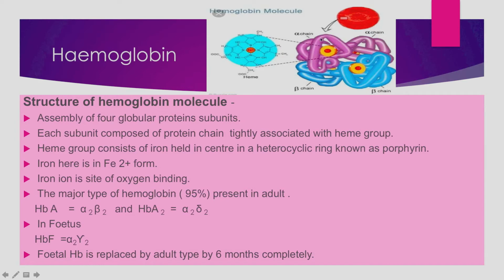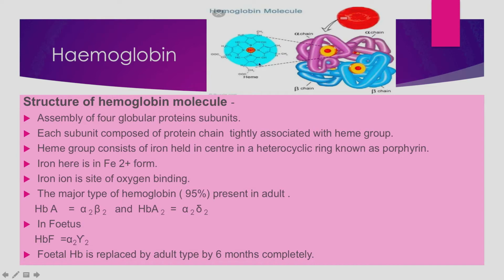So this alpha heme protein consists of porphyrin and the globin proteins and the iron in the center, right, along with porphyrin. So iron is held with porphyrin rings around it.